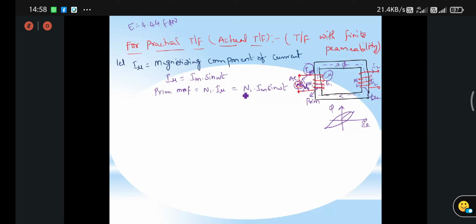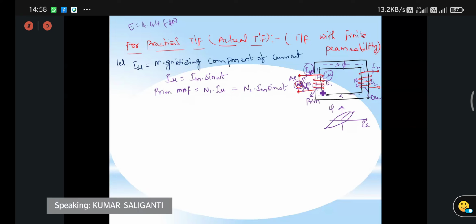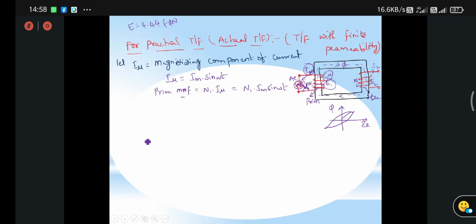This is the time varying magnetic force. In the magnetic domain it is called magnetomotive force, and in the electric domain it is called electromotive force. The flux equals MMF by reluctance, that is N1 Im sin omega t by R.